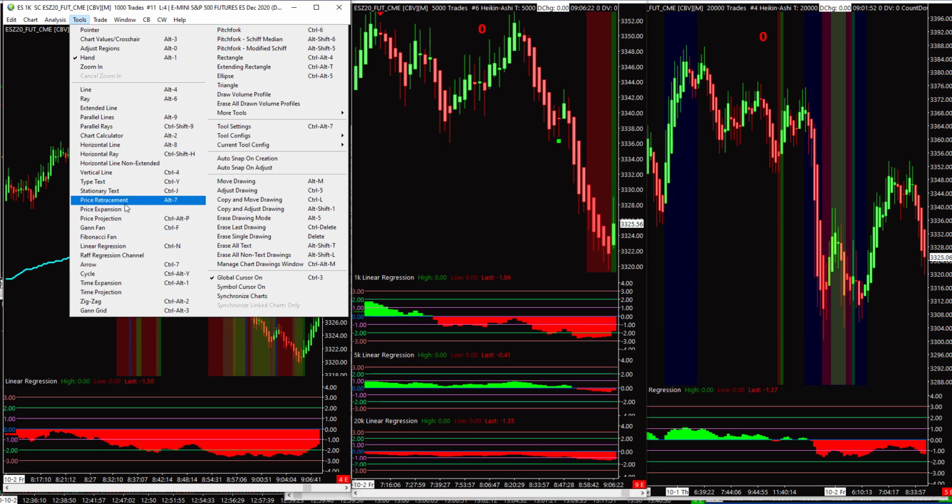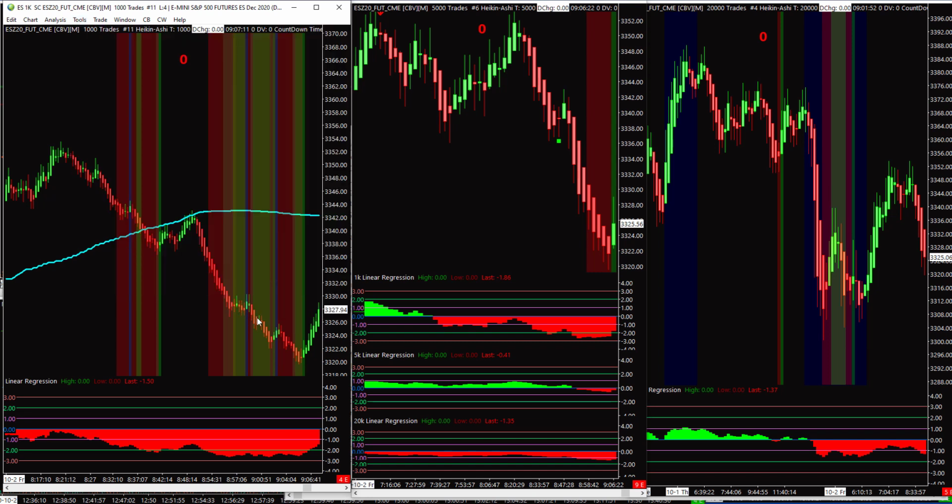Price retracement, maybe? Oh no, linear regression right here. So here we go. The linear regression that ships with Sierra is this, and it only gives you one standard deviation. I mean, you can change it to the first, second, or third, or whatever you want. But if you want to see all 3 standard deviations together, you have to add 3 versions of this study.